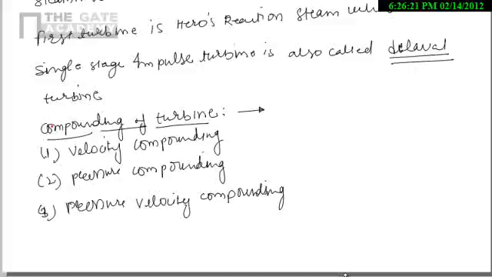So that's why we have velocity compounding, pressure compounding, and pressure velocity compounding. It depends upon which kind of physical quantity we take for compounding. Now I will give the related example for each. For the velocity compounding turbine, we have the Curtis turbine.